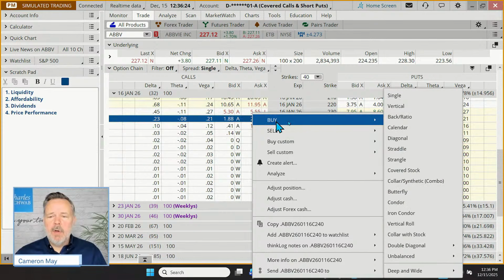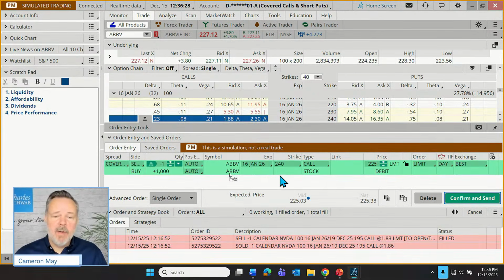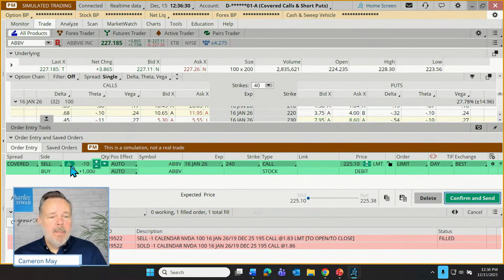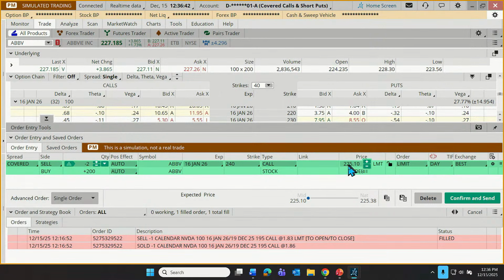Let's put in an order to buy what's known as a covered stock on thinkorswim. That's just their word for covered call. But let's dial this down to just buying 200 shares and then selling 2 contracts of the 16th of January 240 calls. Looks like that might cost us net about 225 bucks, maybe a little bit more.